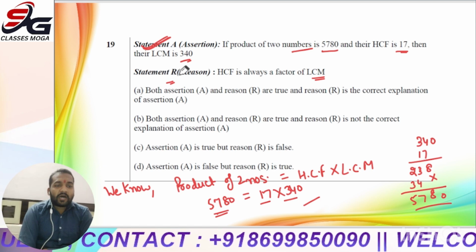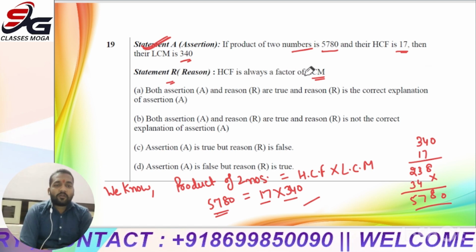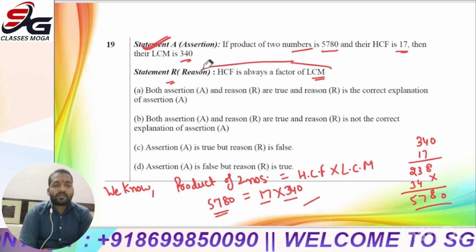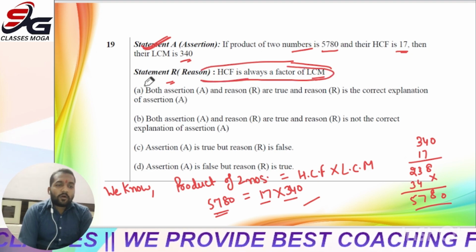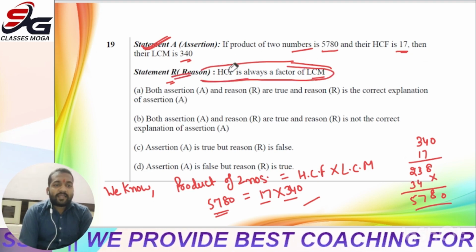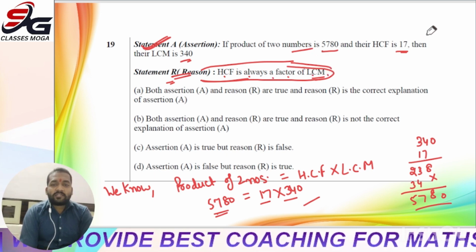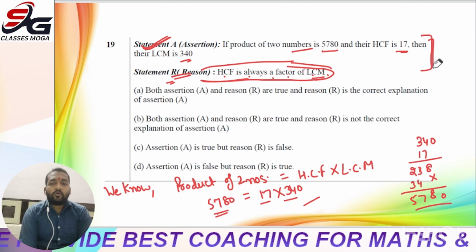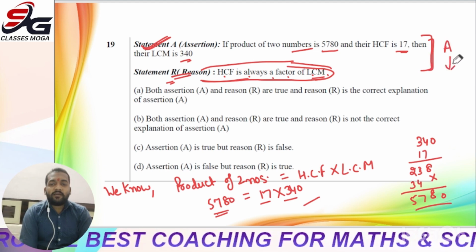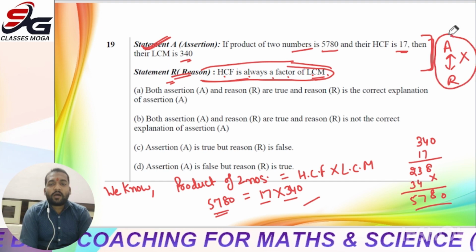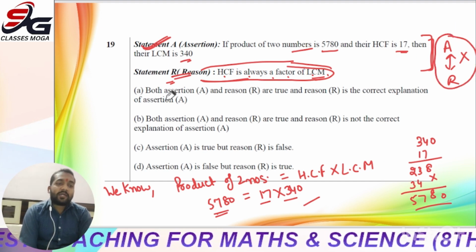Now statement R, reason: HCF is always a factor of LCM. Is this true or false? Actually, this is also correct, HCF is always a factor of LCM. But see students, there is no relation between A and R. So both statements are correct.